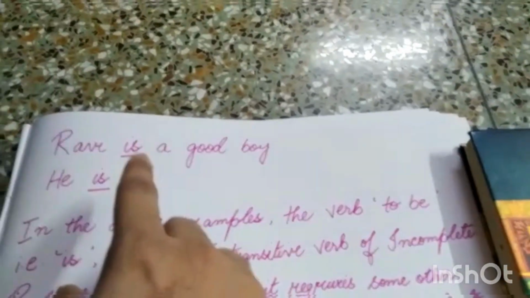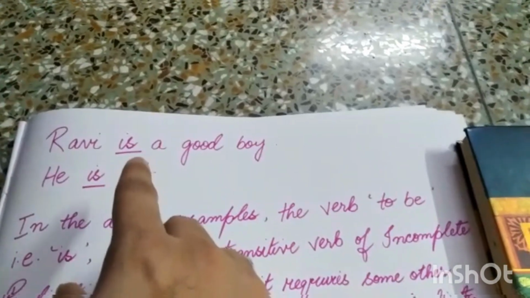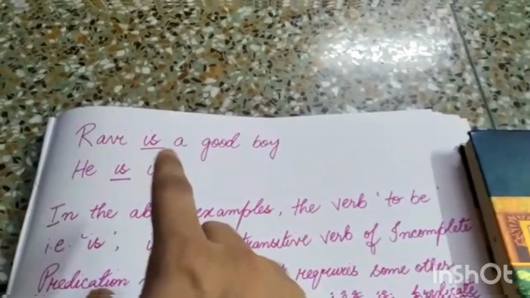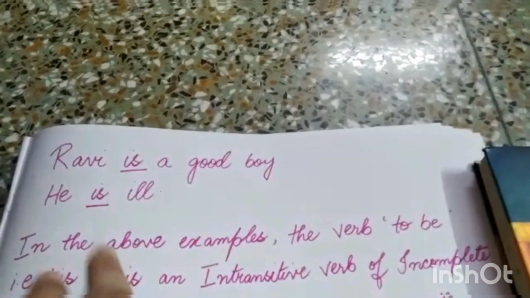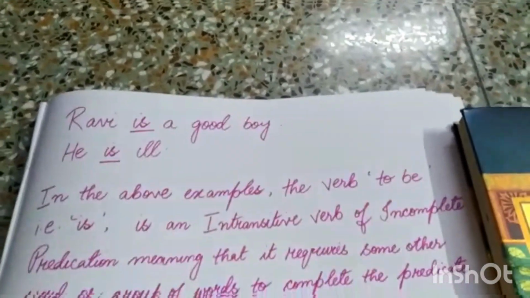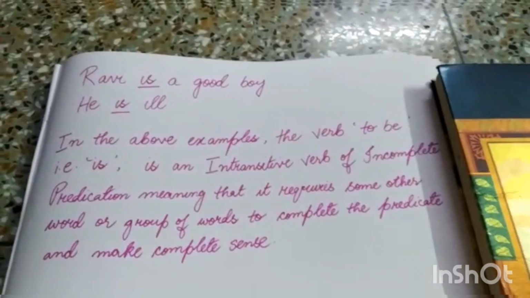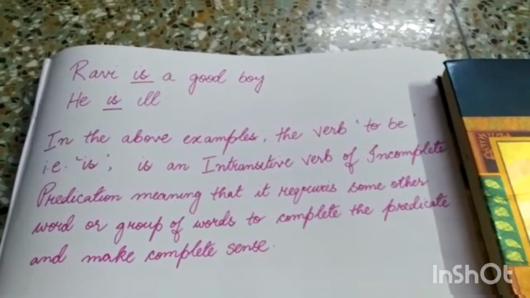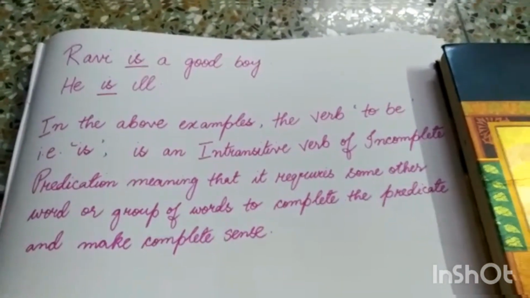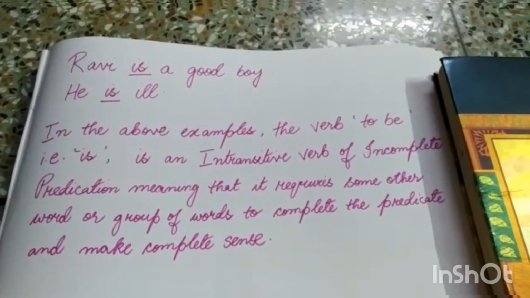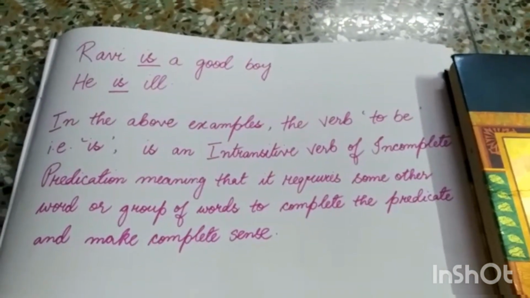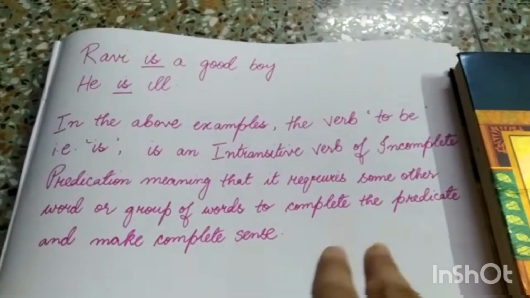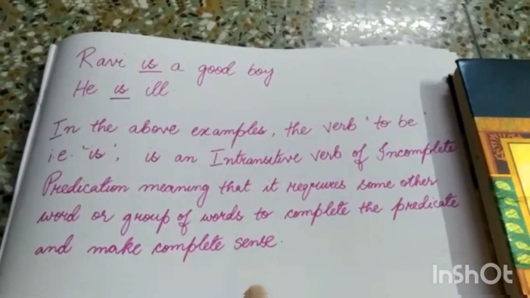So is is an intransitive principal verb of incomplete predication over here. A group of words or a word is being used after is to complete the sentence. So in this case, is or the be verb is an intransitive verb of incomplete predication, meaning that it requires some other word or group of words to complete the predicate and make complete sense.